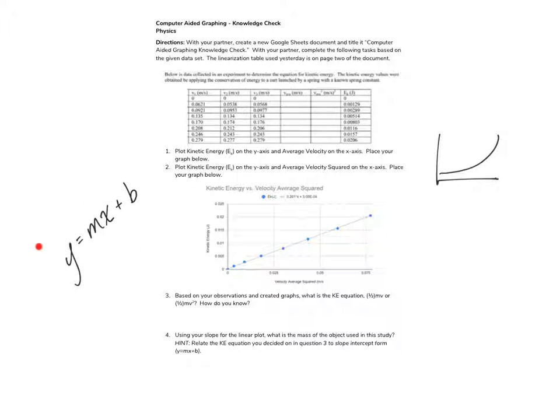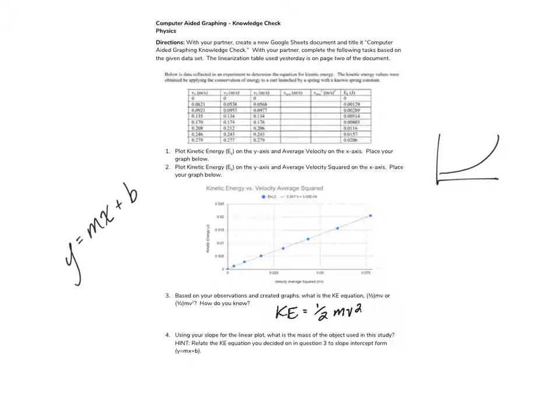When we graphed KE versus v, we did not get a linear shape. It didn't follow our slope-intercept form. But when we graphed KE versus velocity squared, it did become linear. So that tips you off that KE is equal to 1/2 mv squared.